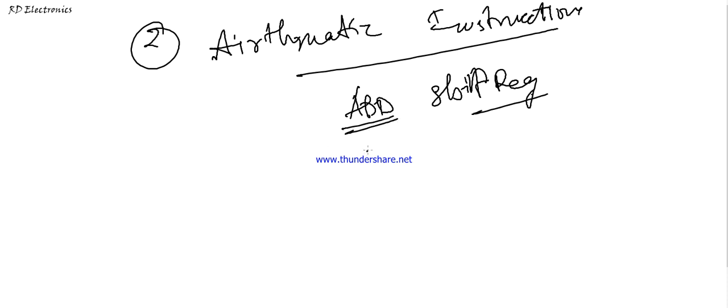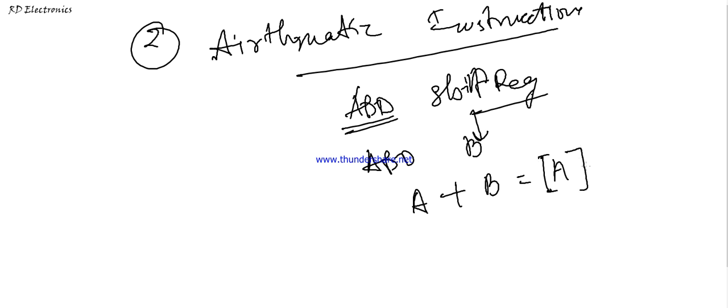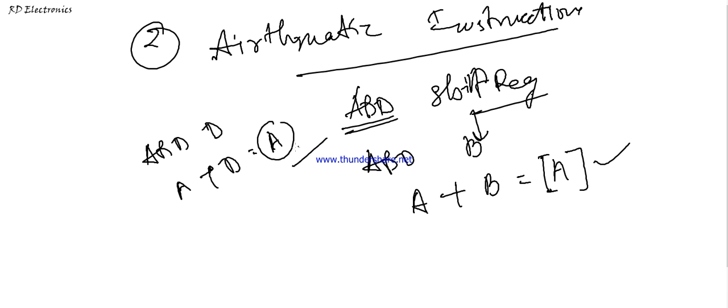By default in 8085, ADD means accumulator plus whichever register is included. For example, if we include B, that means A plus B, and after the operation the result is saved in the accumulator. Another example, ADD D, that means accumulator plus D register are added to each other, and the result is stored in the accumulator. So this is the operation of the ADD instruction.